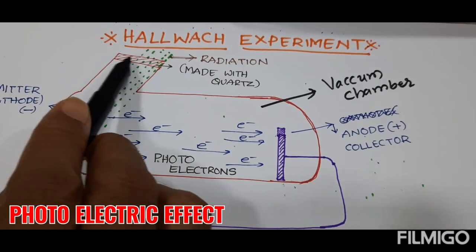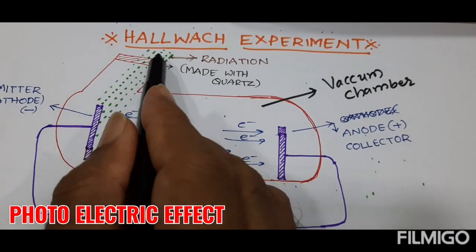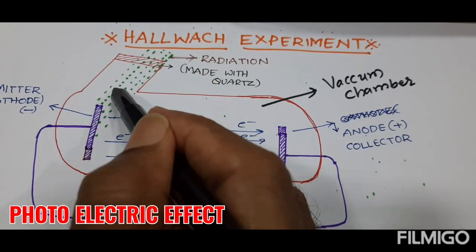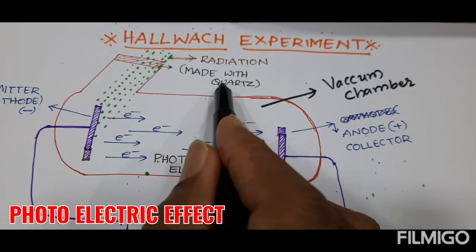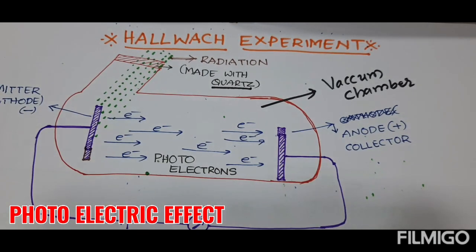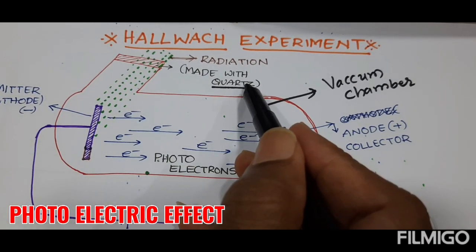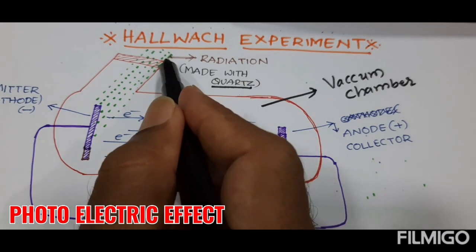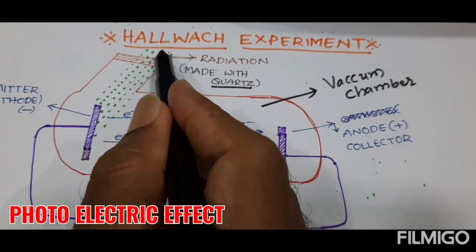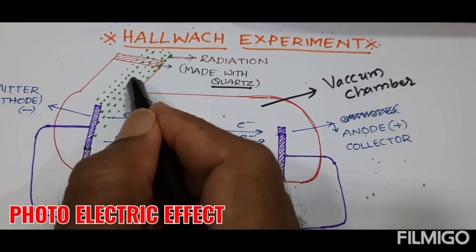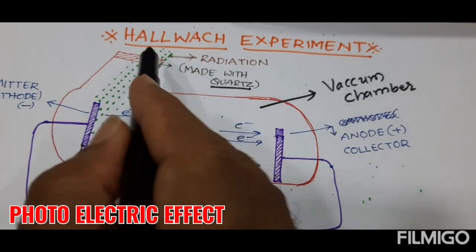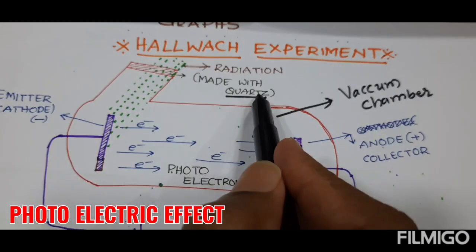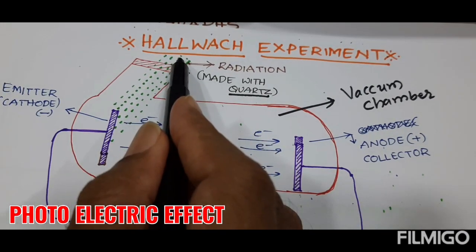Here this is the area that allows radiation from some source. This is closed with a window. This window is closed with glass, particularly quartz. Why are we using quartz glass? Quartz glass will never absorb the energy of the radiation passing into the vacuum chamber. If you use a glass window instead of a quartz window, it absorbs some of the radiation.